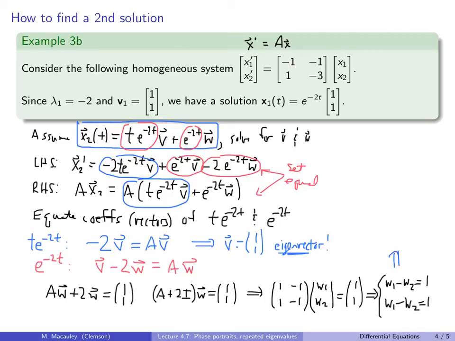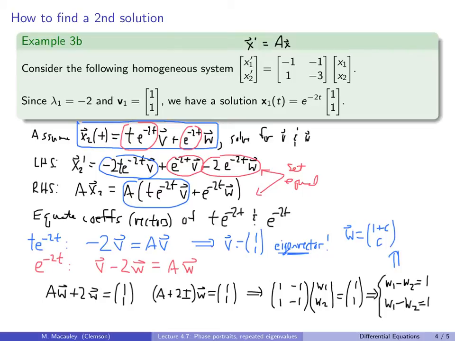So that says that whatever W2 is, W1 is 1 more. So for any value of c, this works for w. There's a whole family of solutions that could work for w, but we only need one of them. So let's pick the easiest possible one. Let's let c be 0.